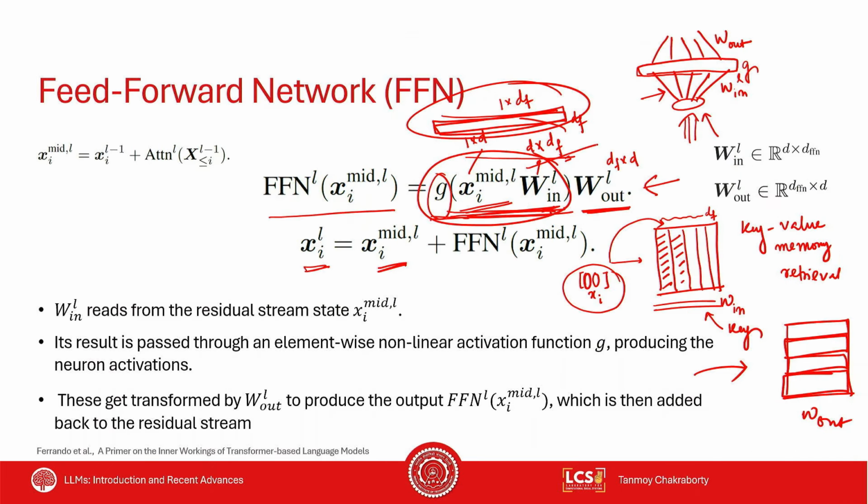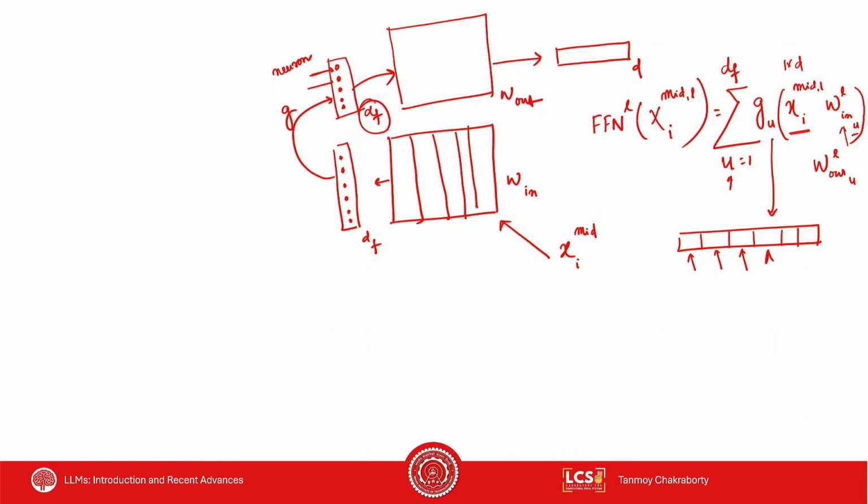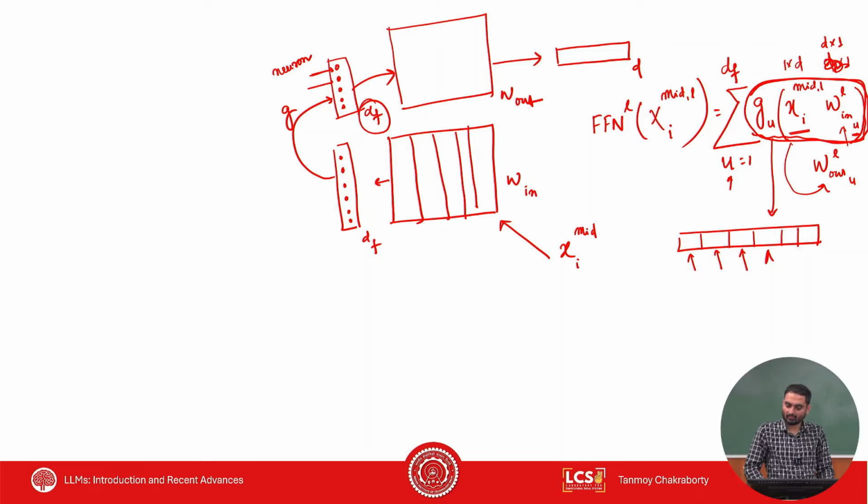W in is d times df, and I am only interested in the uth index of it, so the dimension is going to be d cross 1, and this is the column, right? So df cross 1 or 1 cross df, it doesn't matter because this is ultimately a vector. So this is the feed forward layer operation.